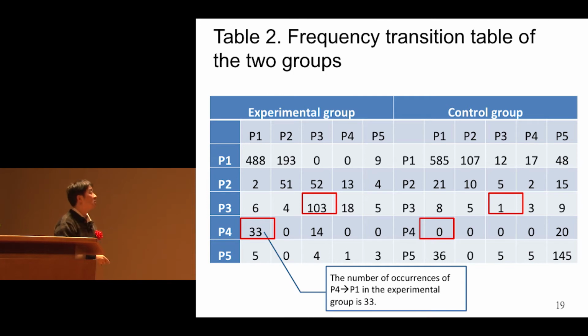So as we can see from this table, the two groups of students have quite different behavior patterns. In the experiment group, they have more P4 to P1 and more P3 to P3. But in the control group, they don't have P4 to P1, and they have only one P3 to P3. So their behavior pattern is quite different.